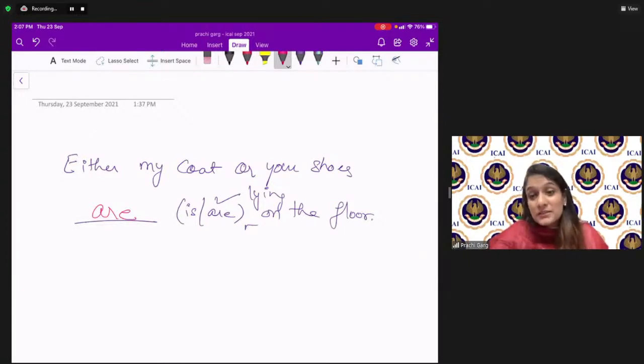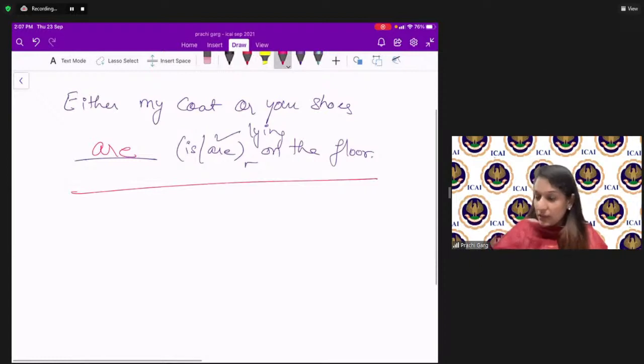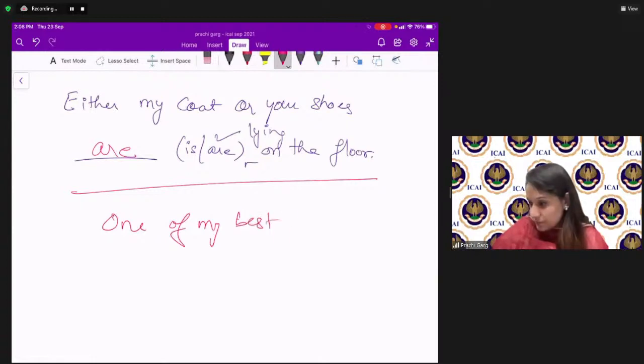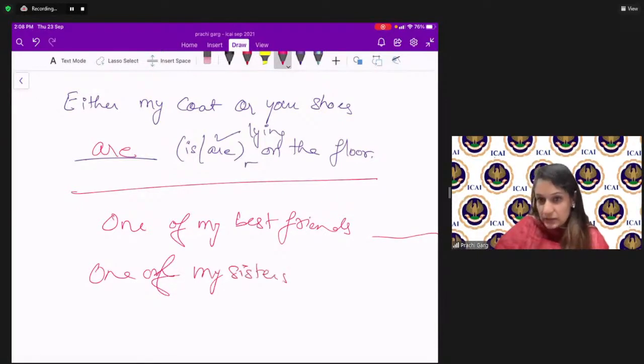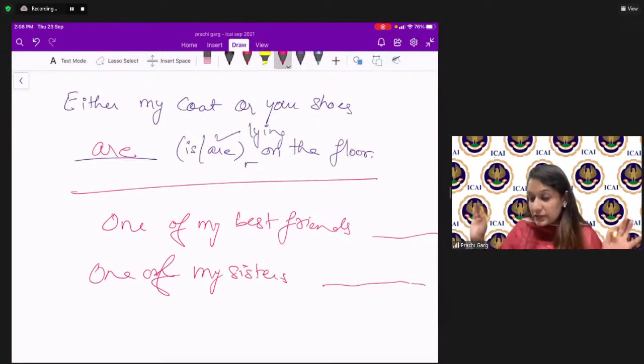One of my sisters is going. I am so glad, Shraddha, that you're coming up with good examples. Whenever we say one of my best friends, one of my sisters, and whatever it is in front, please understand, remember I told you about this object of preposition.